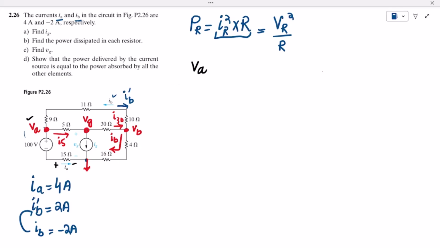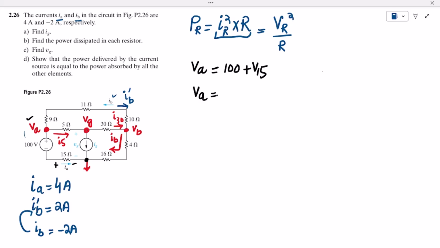In this way, what will VA be? If we apply KVL in this branch, from VA to this one, it will be VA equal to 100 volts because of this voltage source, and we can see that these are the same polarities connected, so it will be V15, the voltage drop across this 15 ohm resistor.